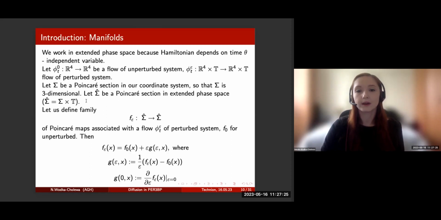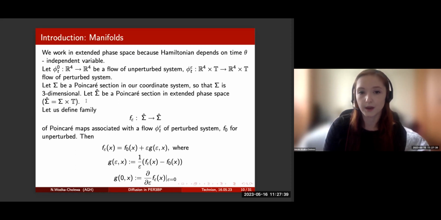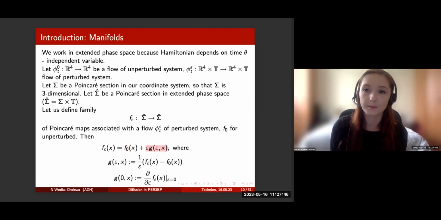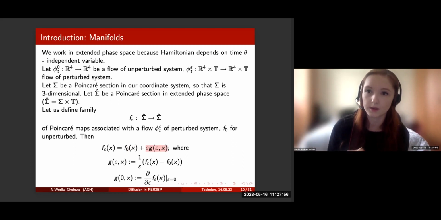Okay, so we can say that this F epsilon we can divide into two parts. So it's a Poincare map for the perturbed system. So we have the part from the unperturbed system, so the Poincare map from unperturbed, and the perturbation. So some function g that depends on the perturbation and on the point times epsilon.